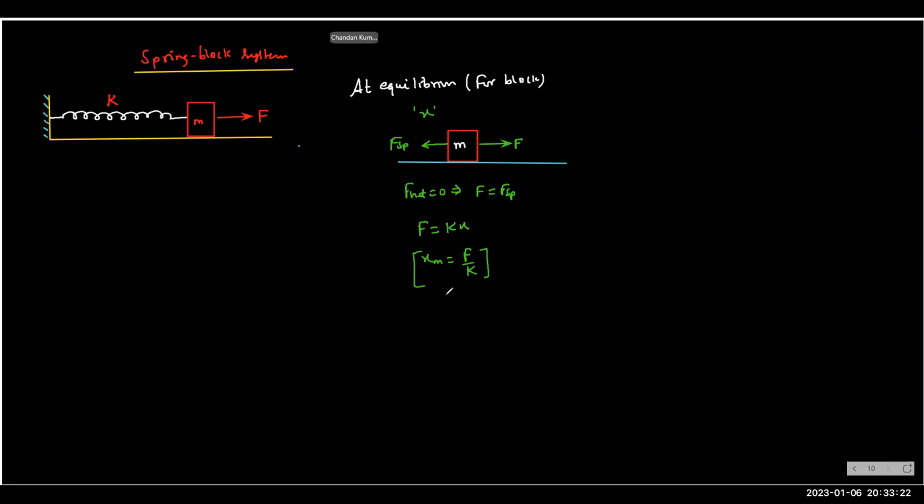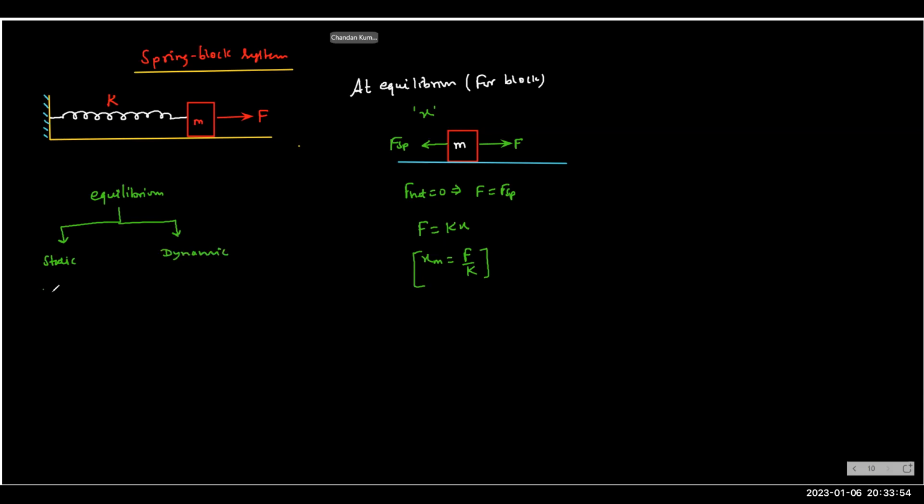Rest is not required. Even if it is moving at mean position or at equilibrium position, the net force is 0. Equilibrium doesn't mean the object must be at rest. It's again a very common misconception. So we have two types of equilibrium: static and dynamic.